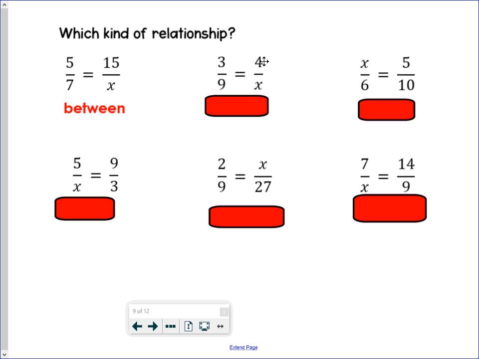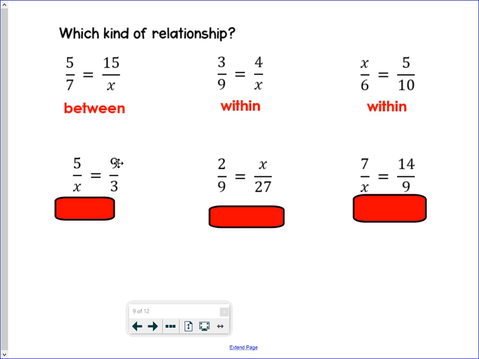Here, 3 and 4 don't go into each other. But 9 divided by 3 is 3, so the relationship here is 3, so this is going to be within. And this one, as you can see, 6 doesn't go into 10. However, 5 and 10, so 10 divided by 5 is 2, so the relationship between these two is 2. So this would be within.